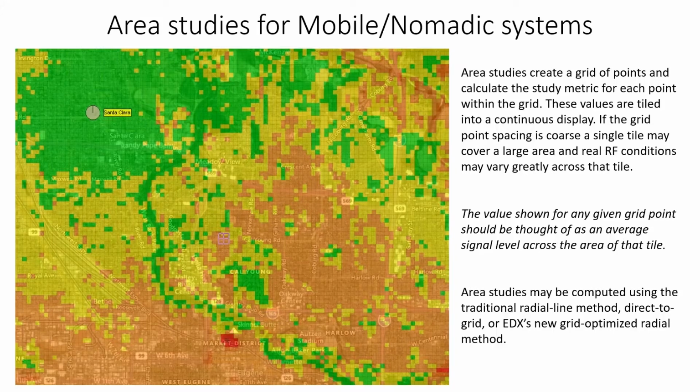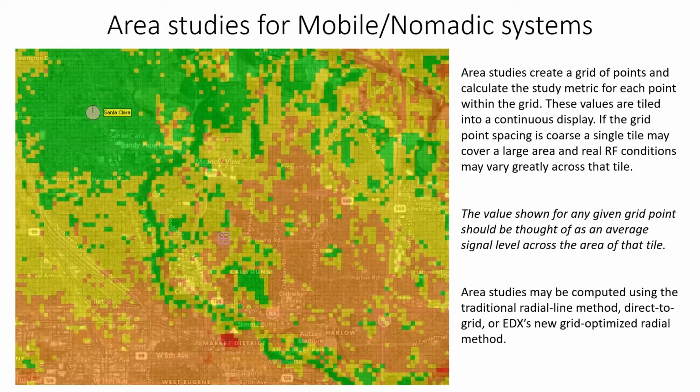With version 9 of SignalPro, one option that you have when you set up your area studies is the new grid optimized radial method, which is a method that basically increases the number of radials calculated as you get further out from the site, so that we can solve that radial spreading problem and keep the same degree of precision out across the area study grid without actually having to calculate every last path to every grid point center.